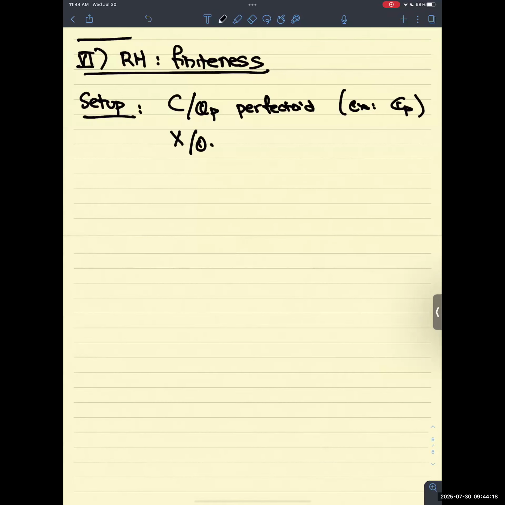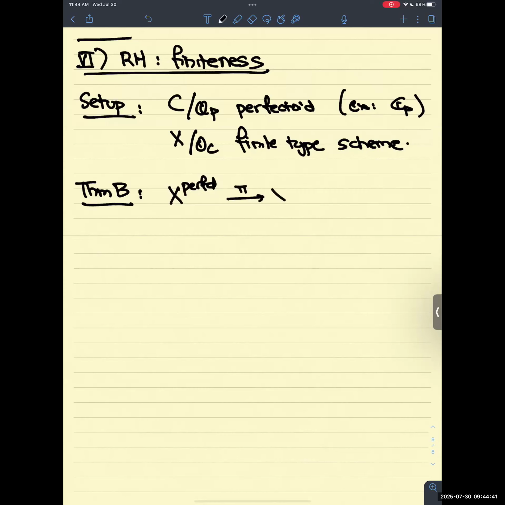And then X, my geometric object, is going to be a finite type scheme over it. And so theorem B is the statement that this perfectoidization construction actually has very good finiteness properties. So X_perfd, mapping via pi to X.